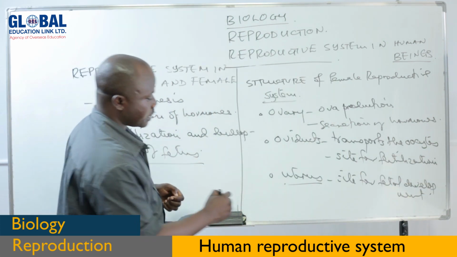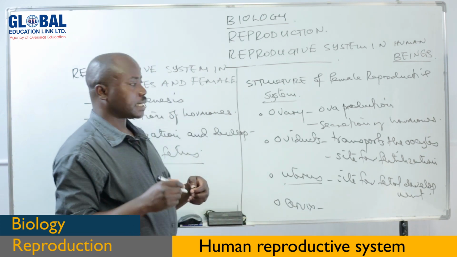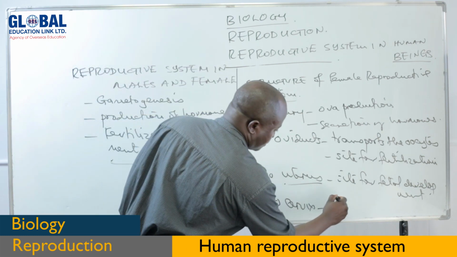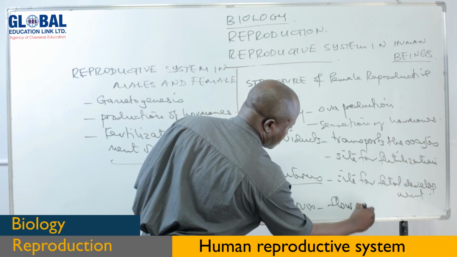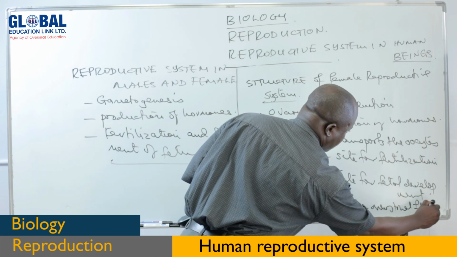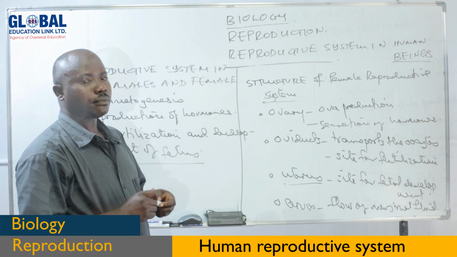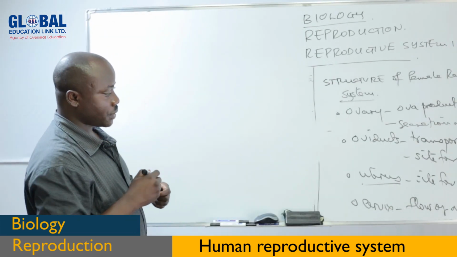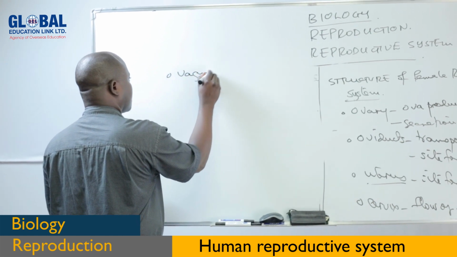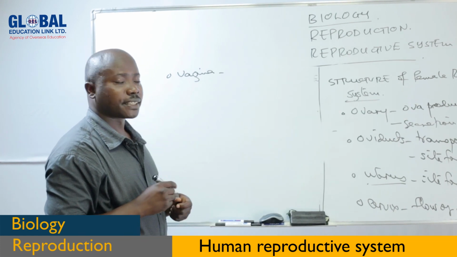Another structure is the cervix. The cervix allows the flow of the menstrual fluid. Next structure is the vagina. This is also known as birth canal.